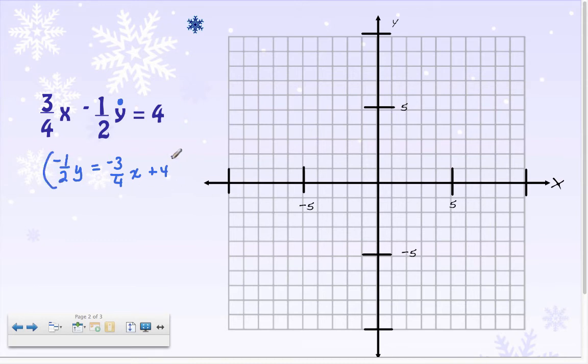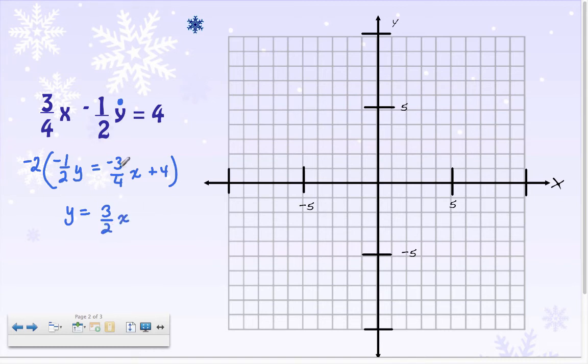Realizing that the y value is not quite alone yet, so I have to multiply everybody by the reciprocal of -2 to get rid of this -1/2. I'm going to do a little canceling here. -2, and that 4 can cancel down to 2, so that will be +3/2.